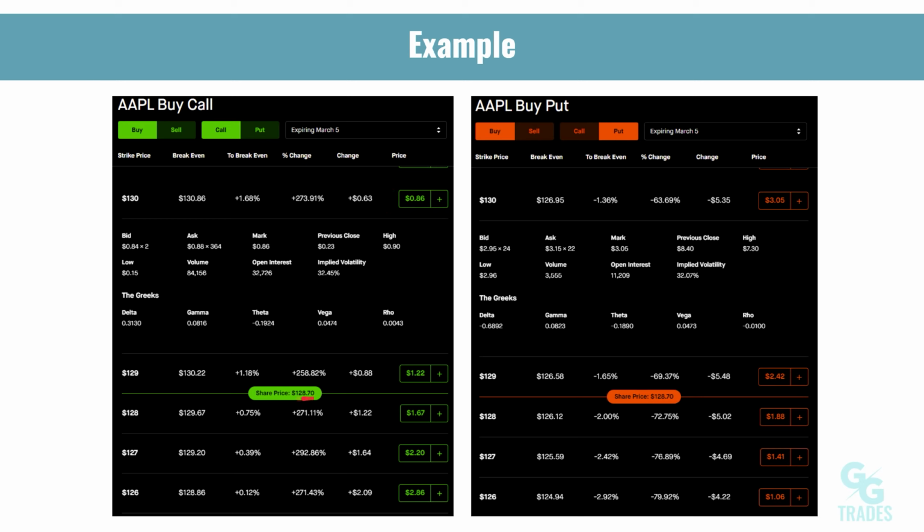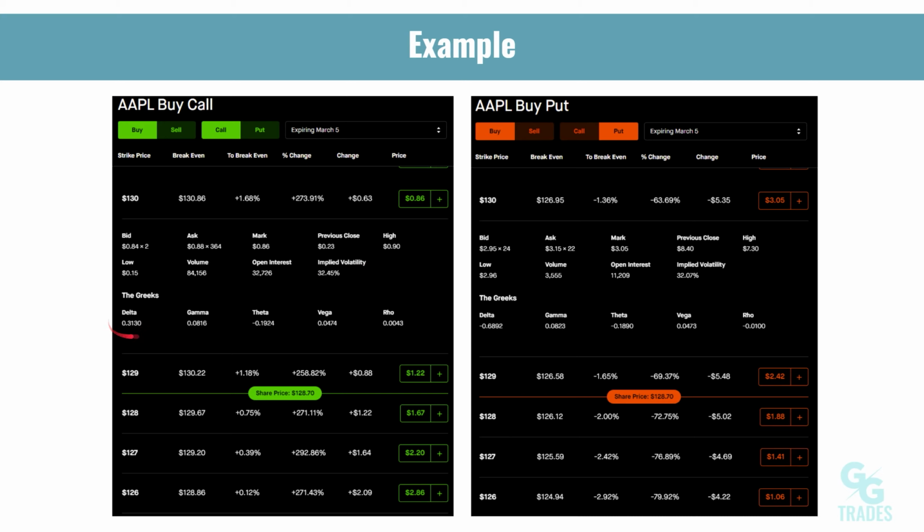If this Apple share price goes up a single dollar to 129.7, this contract that I bought will rise in value by 0.31, times 100. So this is actually theoretically $31 if Apple moves up a dollar. So it'll be 86 cents plus 31 cents, which turns out to be $117, I believe. Somewhere in that realm, $117.